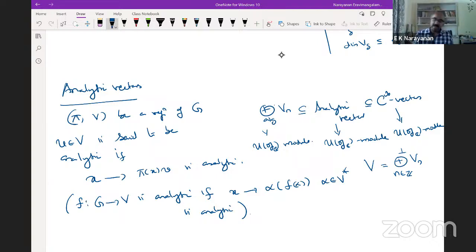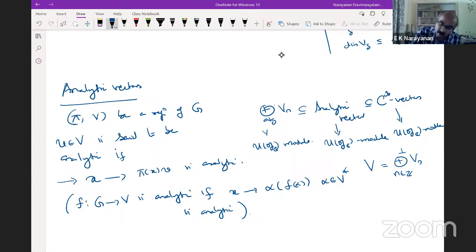So weakly analytic and strongly analytic are the same, which is one advantage when you look at analytic functions. Analytic vectors are, because x going to pi(x)v is analytic, in particular C infinity, so they are C infinity vectors.